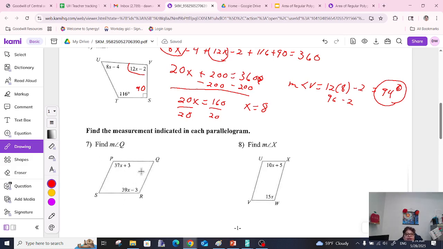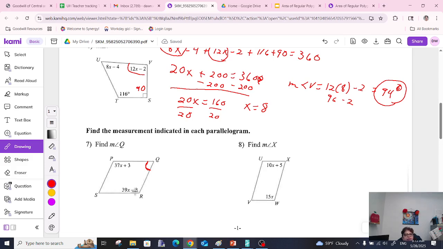So when I need to find this one, the problem is I don't have any information to find this one. I do know these two angles have to be equal because they are opposite. I know that the adjacent ones have to add up to 180.